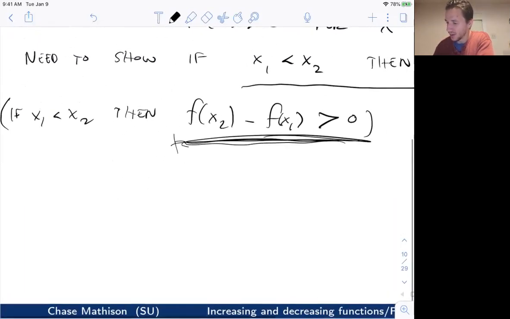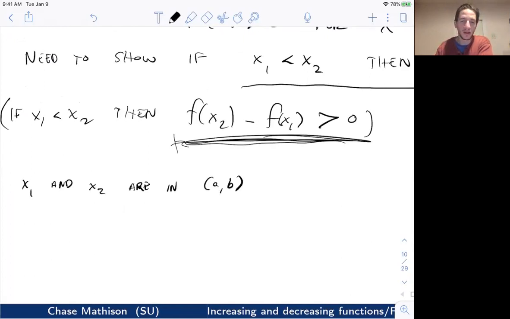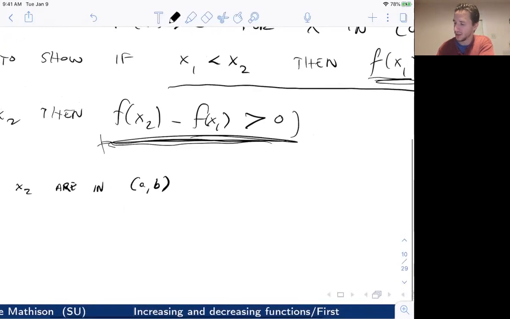So x1 and x2 are in the interval a to b, and that's where f prime of x exists.